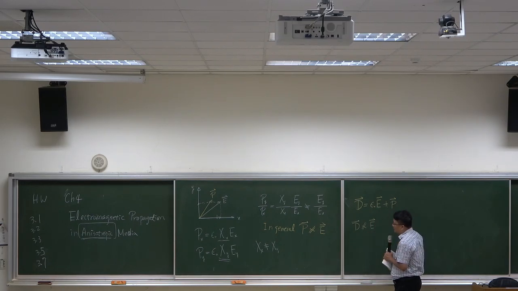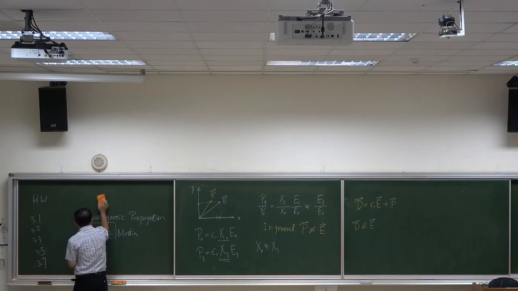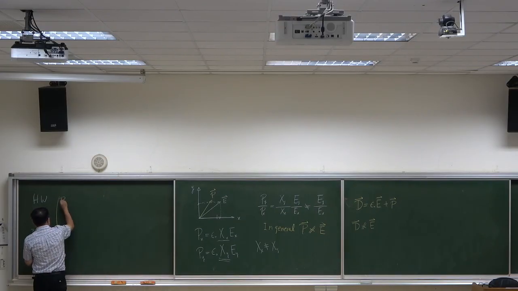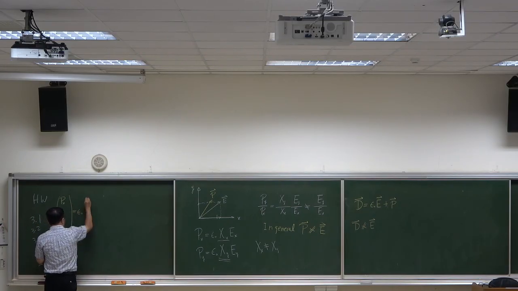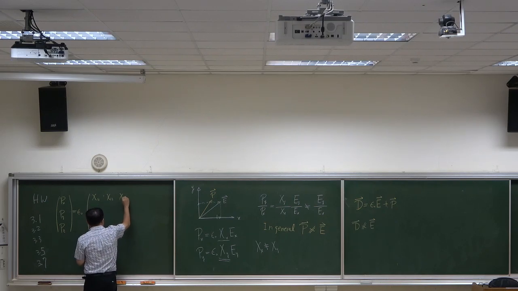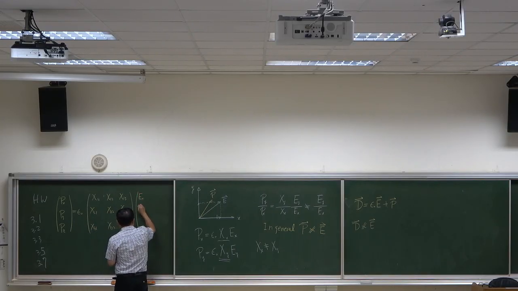This means that now the relation between P and E is described as this matrix: chi 1 1, chi 1 2, chi 1 3, chi 2 1, chi 2 2, chi 2 3, chi 3 1, chi 3 2, chi 3 3, times Ex, Ey, and Ez.